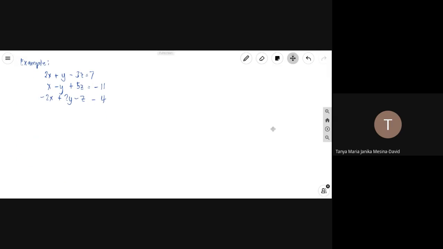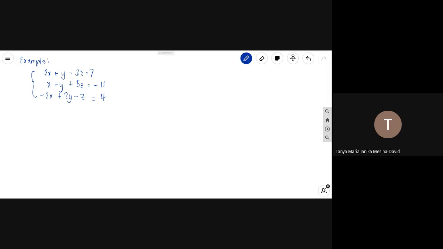So I have here the system of linear equations: 2x plus y minus 3z equals 7, x minus y plus 5z equals negative 11, and negative 2x plus 2y minus z equals 4.